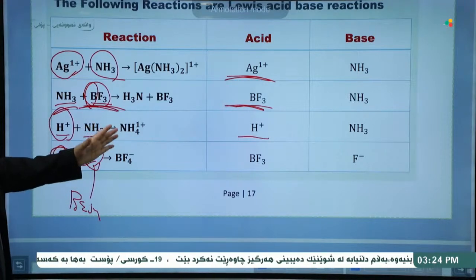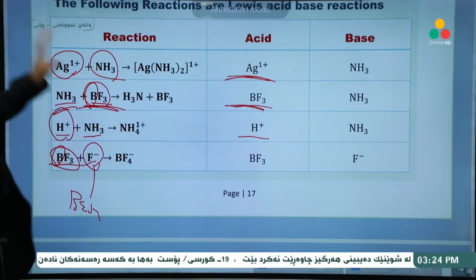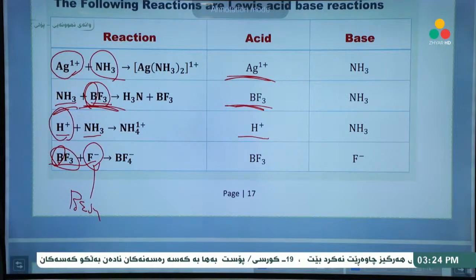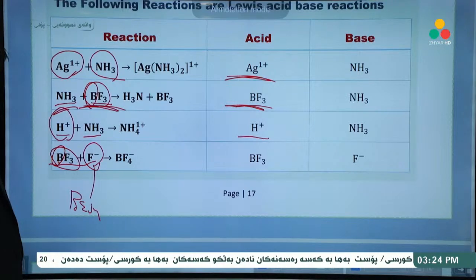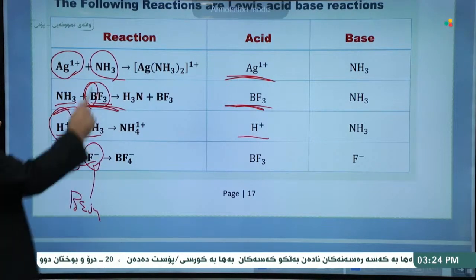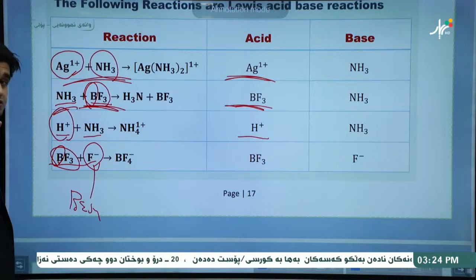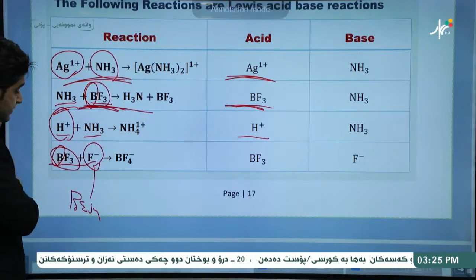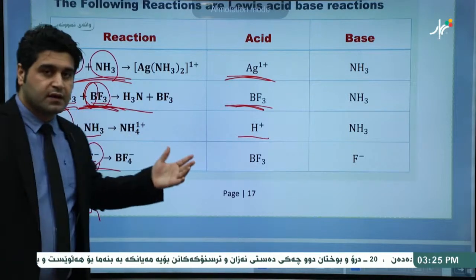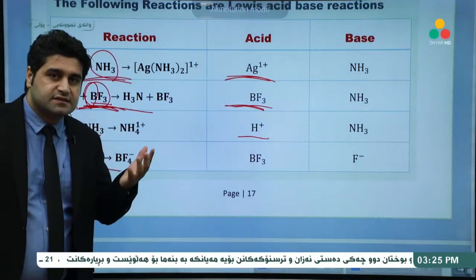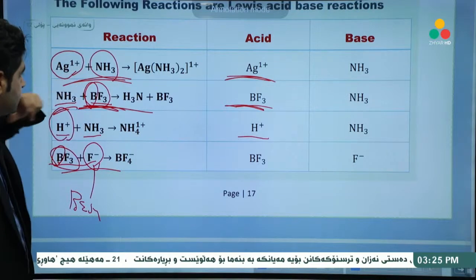Well, so Arrhenius theory is useless in here. Well, use Brønsted-Lowry theory to identify proton donor and acceptor. No, we don't have any proton donor and acceptor, even in here. So even Brønsted-Lowry theory becomes useless for that kind of reaction.